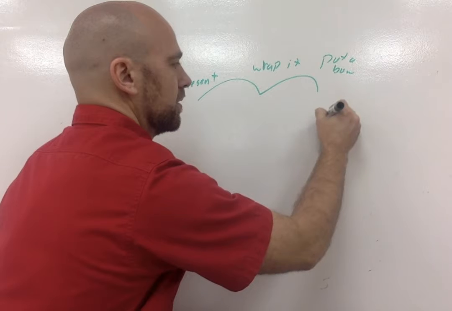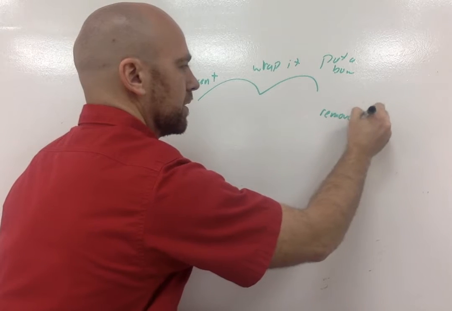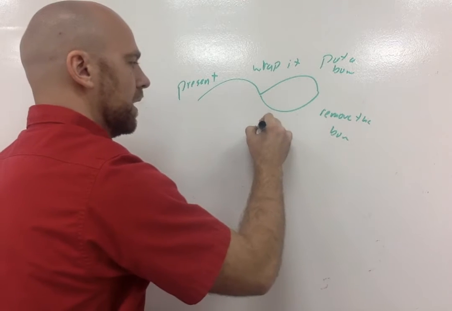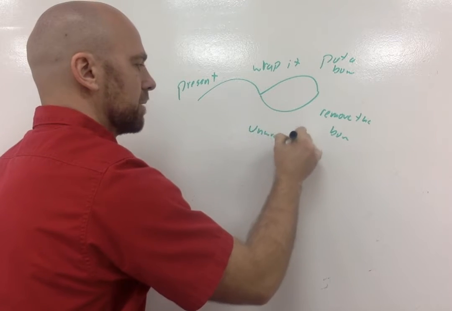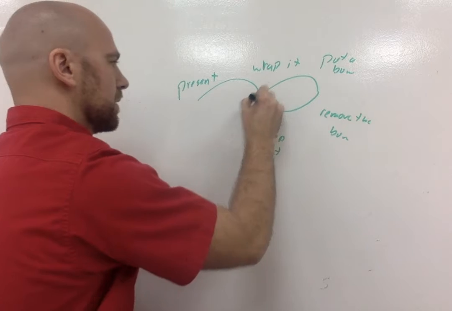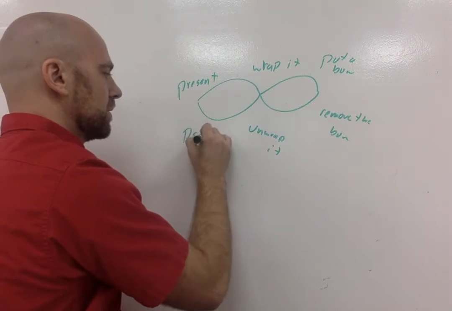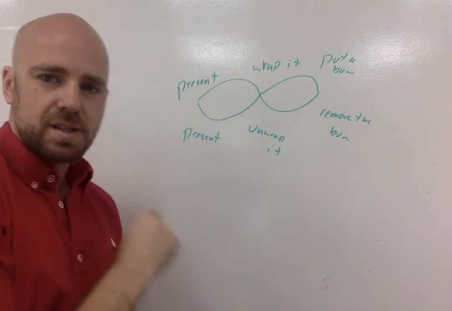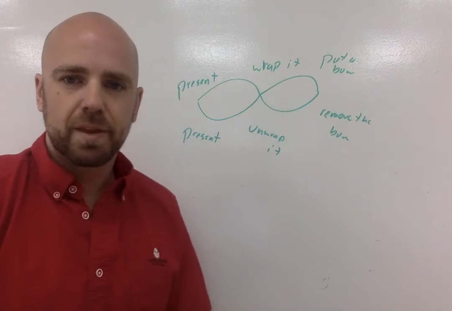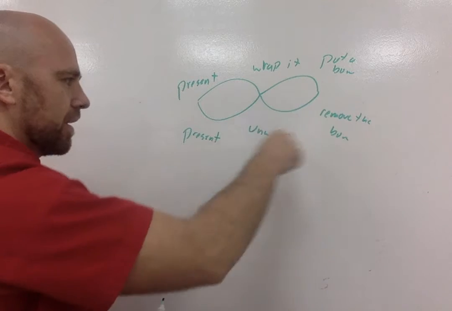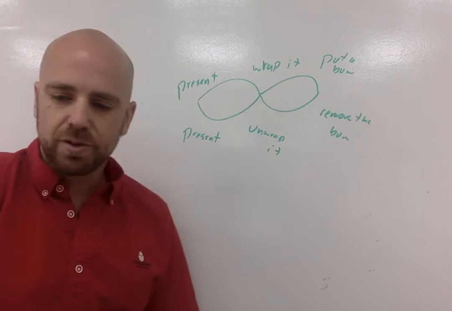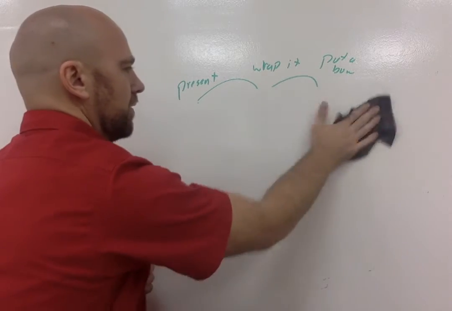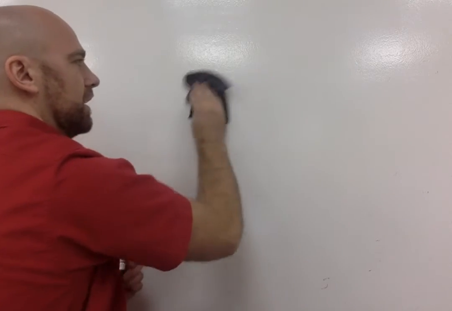We're going to have to remove the bow. Then we unwrap the present to get us back to our present. So this kind of creates a cycle of one thing and then the opposite. So we can use these steps to actually help us solve and kind of unsolve an equation.